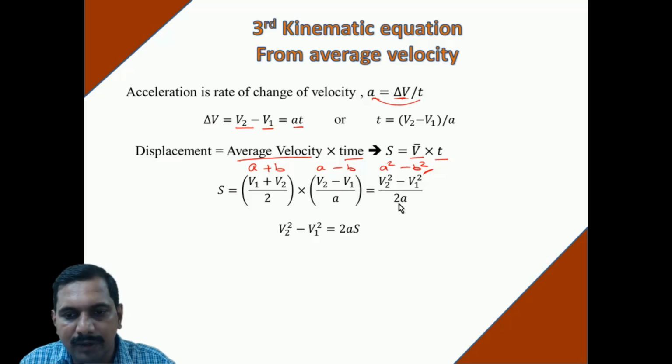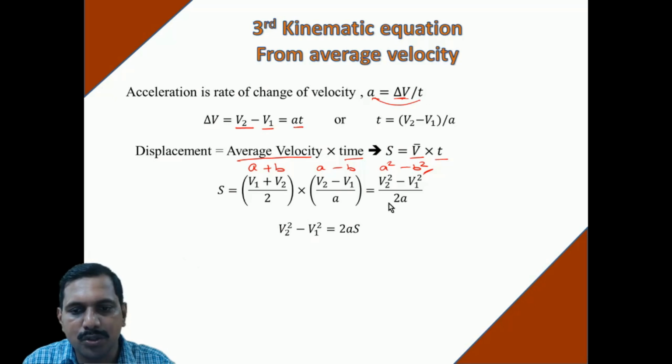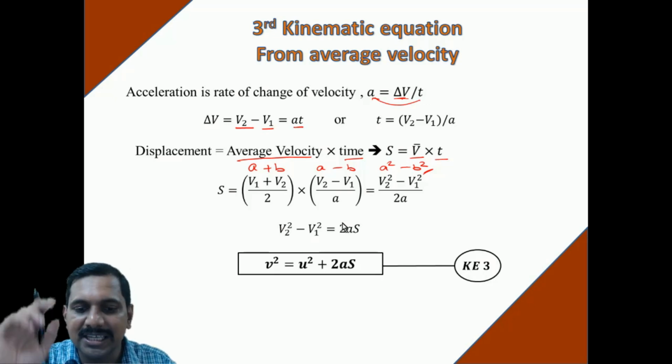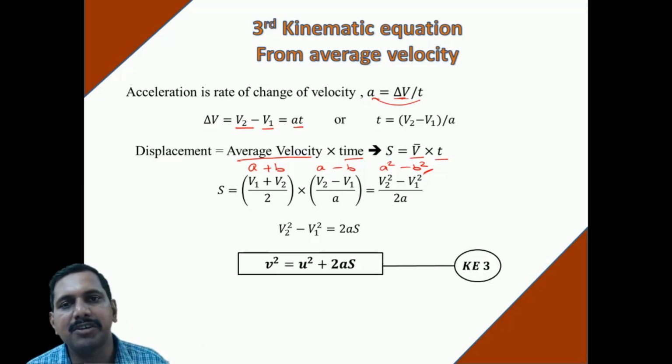Now what we are doing, we are taking 2a over here, so it is 2a, v2 square minus v1 square is equal to 2as. This is kinematic equation 3.